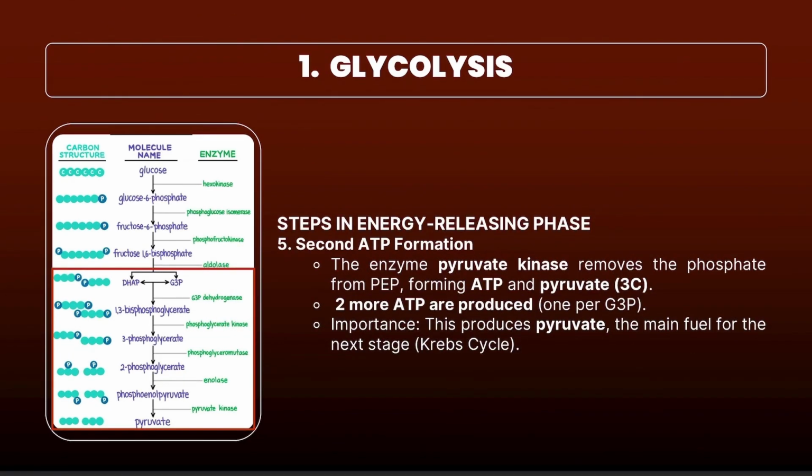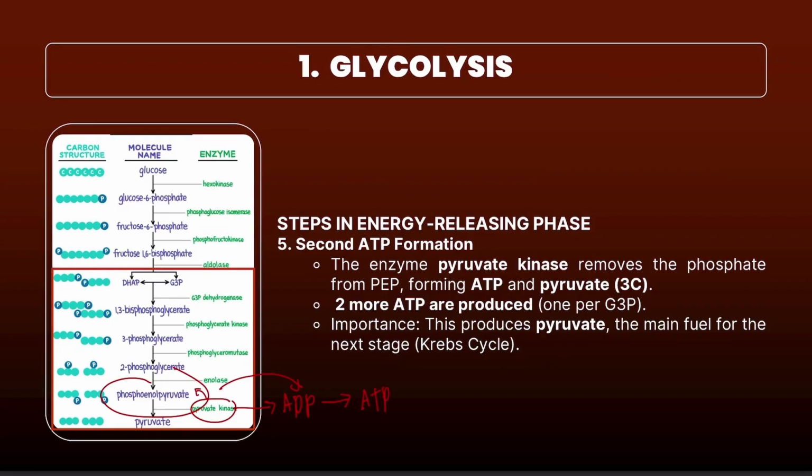So, next is the final step of glycolysis. Here, the pyruvate kinase will remove the phosphate group from the PEP. Since the pyruvate kinase removes the phosphate group, the phosphate group will now transfer to ADP, and we can now produce ATP again.